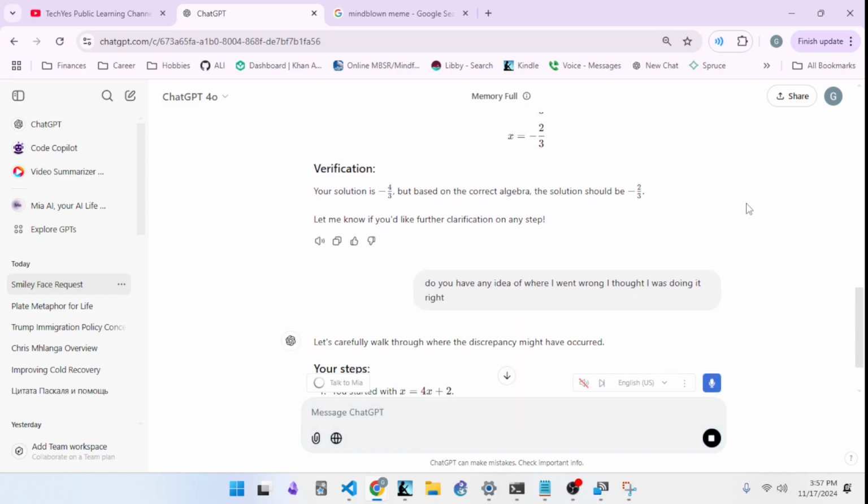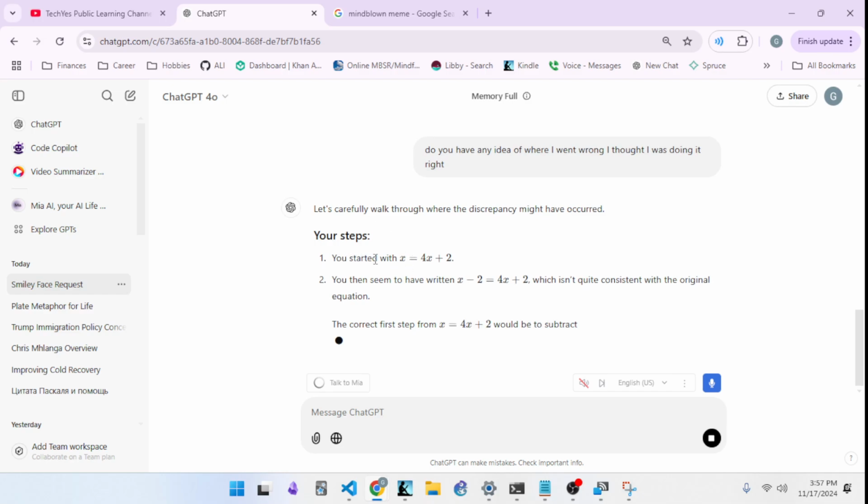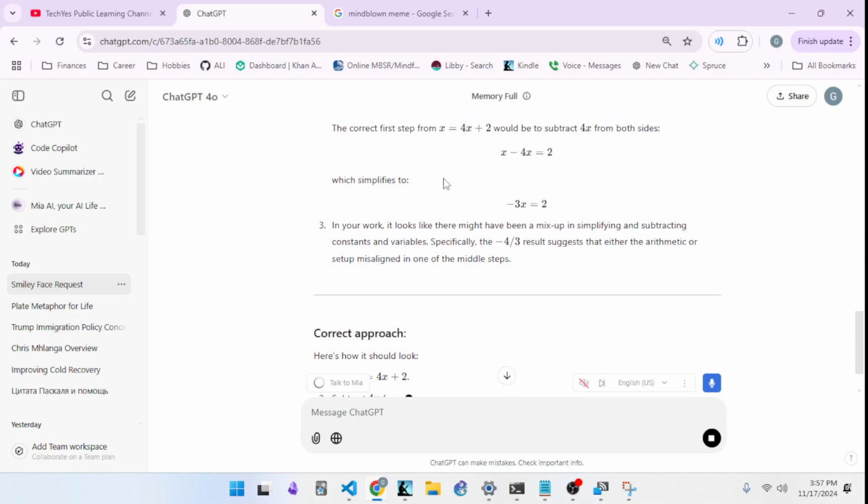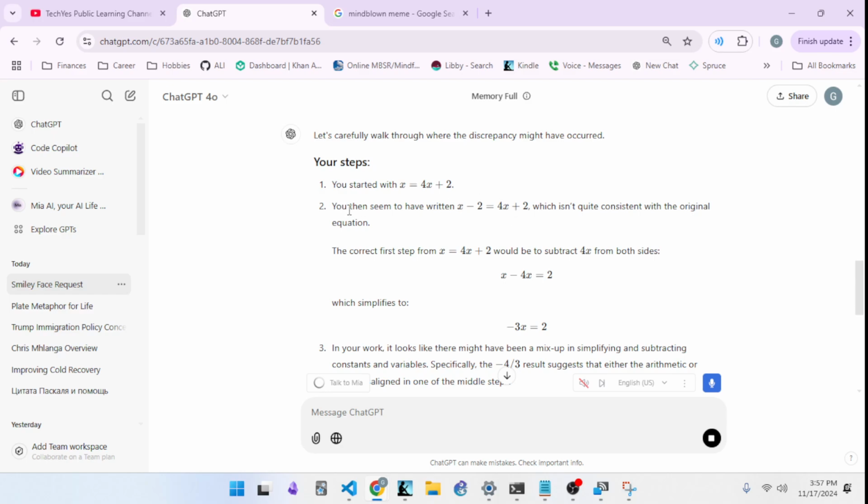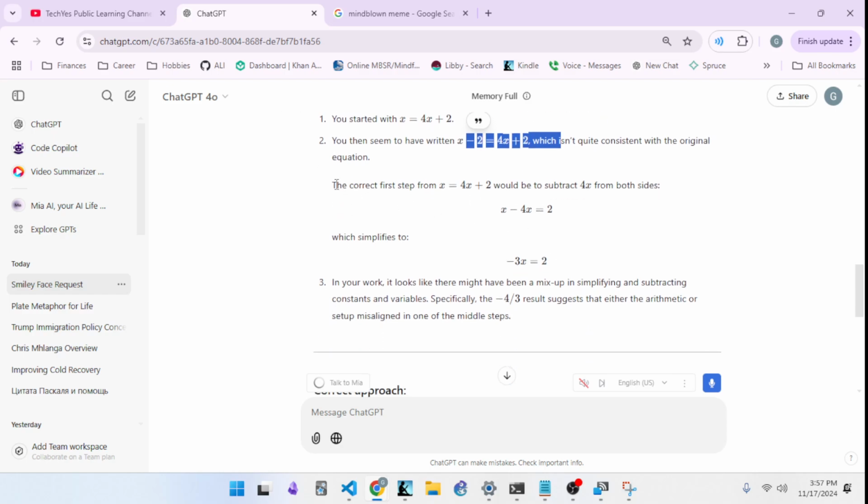So I started with that. There we go. Yeah, it would be to subtract 4x from both sides, but I only subtracted it from one side.